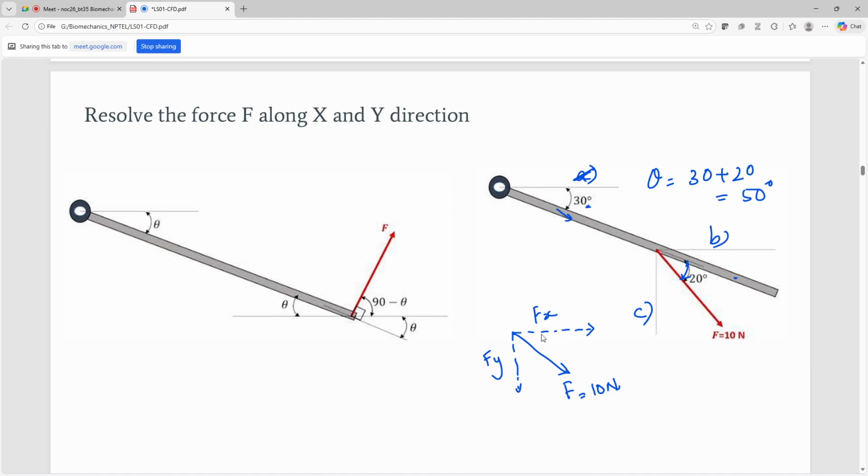Then F of x, that is b, becomes F cos 50. F of y becomes F sin 50. So can you calculate this and say what is the value of b and c? That is F cos 50 and F sin 50.